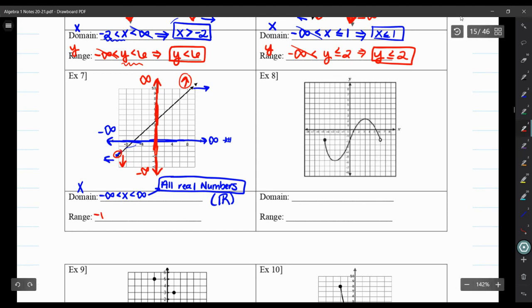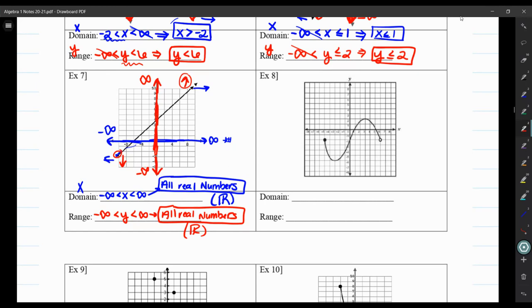My smallest y value is negative infinity, less than y, less than positive infinity. So even the range is all real numbers. So sometimes there is not any values that are restricted. You can use the double barred R here too. I can have any input, any x, and I can have any y, any output for this function.